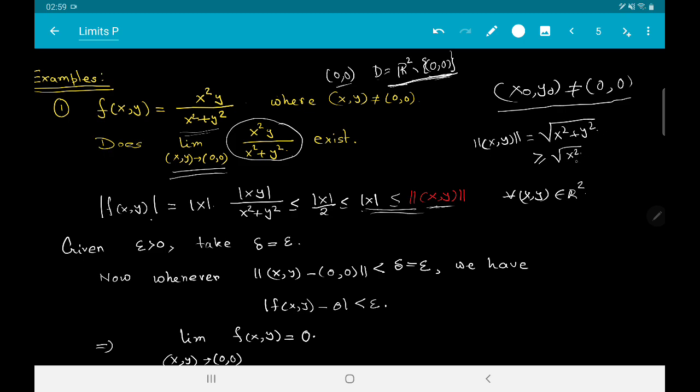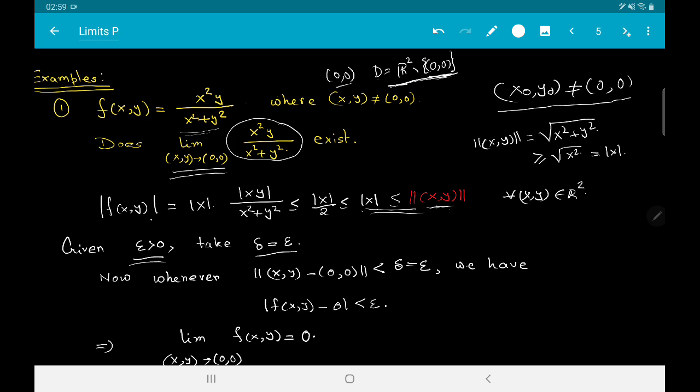And what is the square root of x square? Here we are always going to take the positive, or non-negative, square root. This is going to be modulus of x. So we have proved this inequality. We have shown that modulus of x is less than or equal to norm of (x,y). Now we apply our epsilon delta definition. So you give me any epsilon, I will take delta to be the same epsilon.